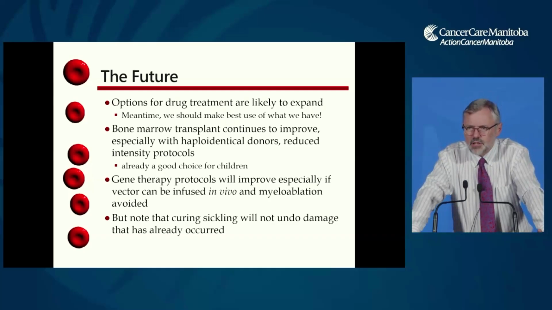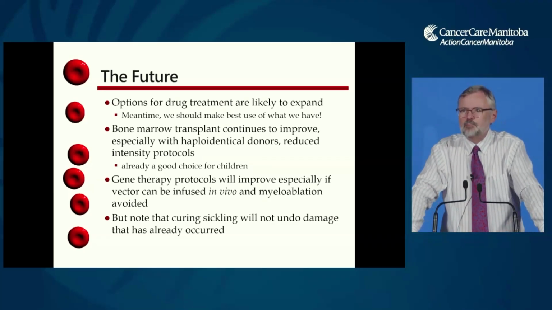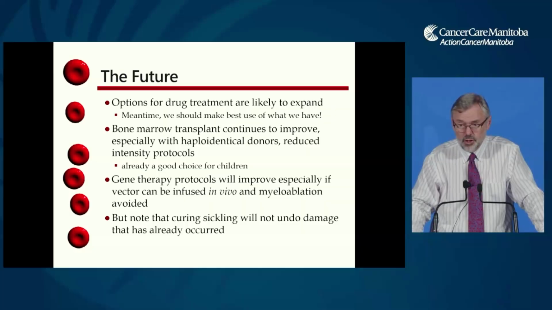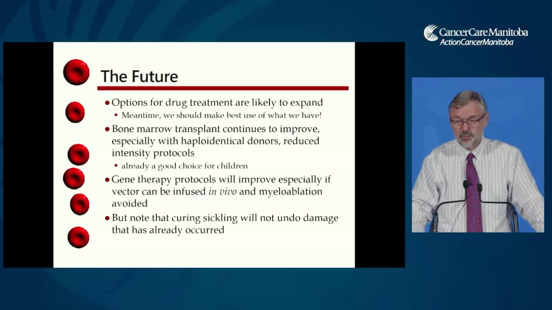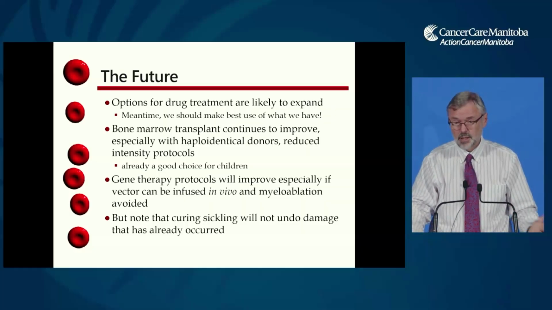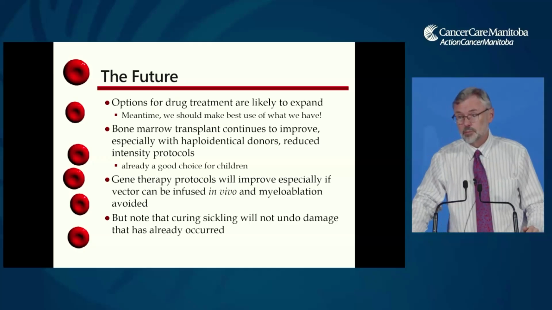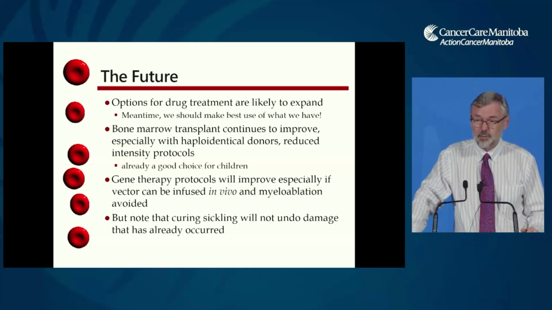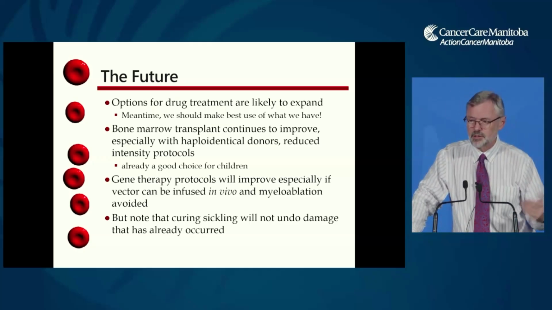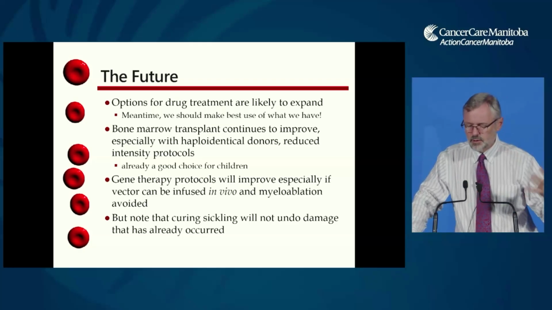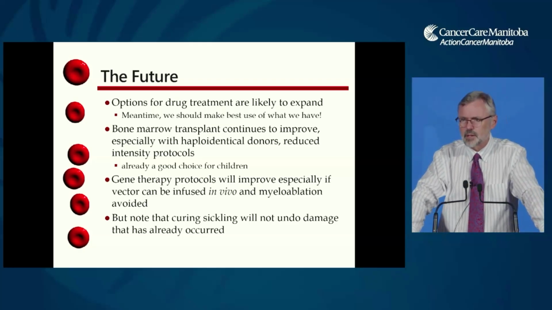So, just to summarize for both of us, the options for drug treatment are likely to improve. Right now, we just have hydroxyurea and L-glutamine, but there's a lot of drug development going on. Katie didn't have time to tell you about some new drugs that are going through the paces, like mitapivat.